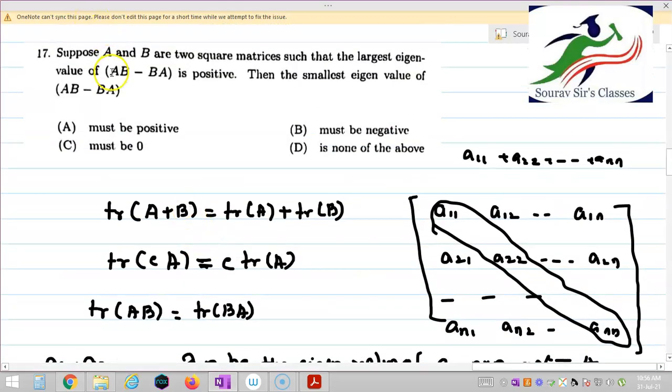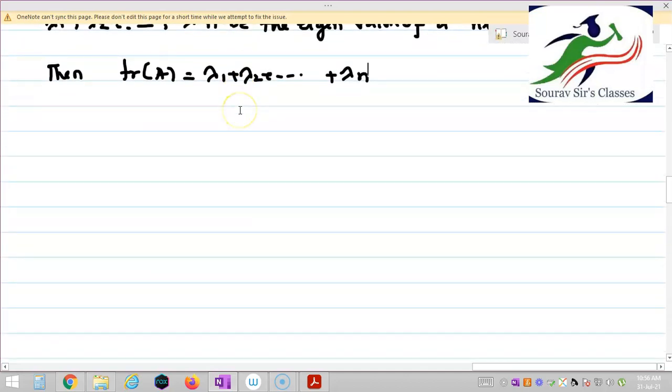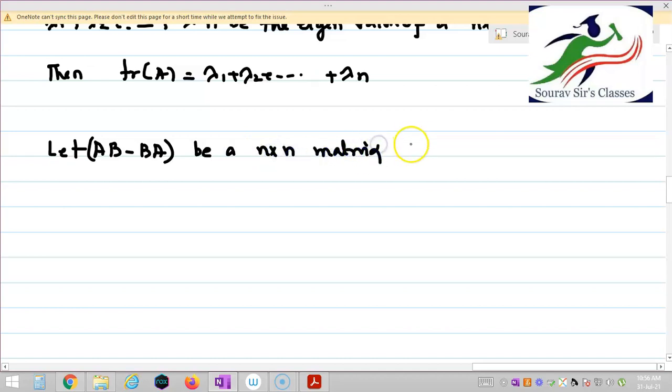First of all, it is given that the largest eigenvalue of AB minus BA is positive. I am considering that AB minus BA is an n cross n matrix, and the eigenvalues of AB minus BA are, as this is an n cross n matrix, it must have n eigenvalues.